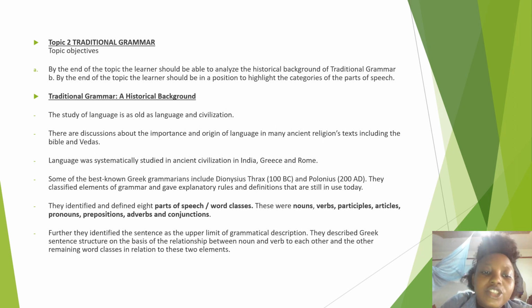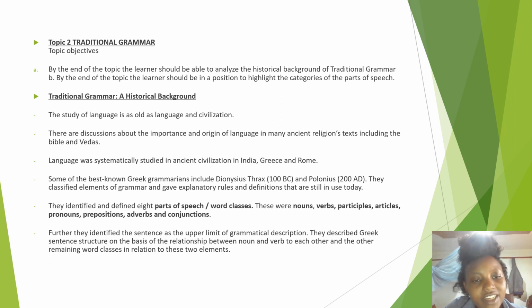There are discussions about the importance and origin of language in many ancient religious texts, including the Bible and Vedas. Language was systematically studied in ancient civilizations in India, Greece, and Rome.